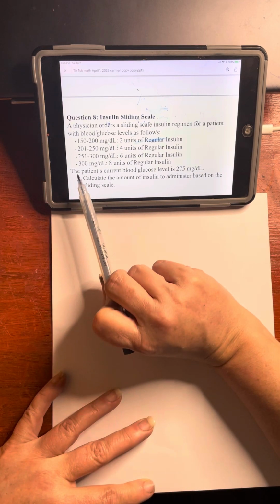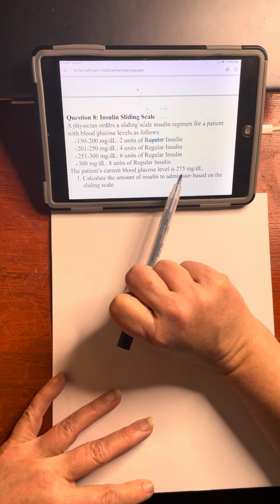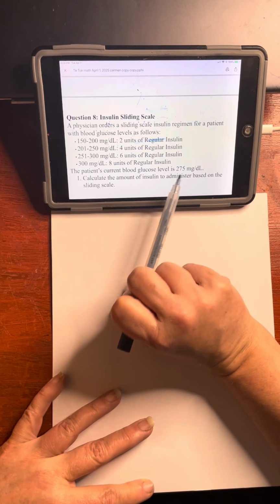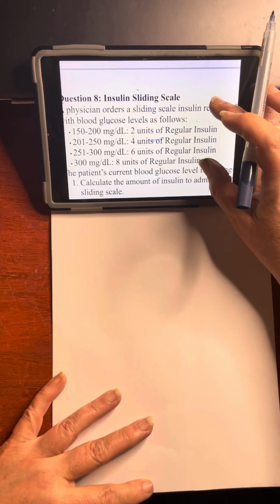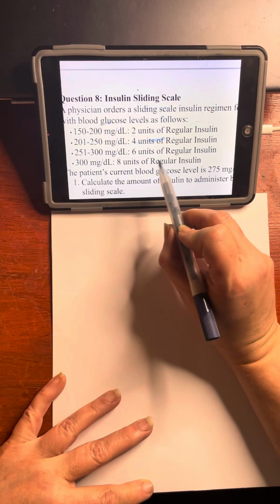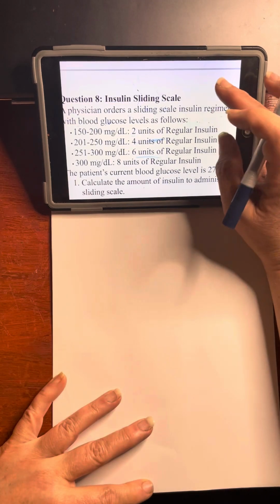Okay. So this patient's current blood glucose level is 275. Calculate the insulin that you got to administer. 275 is going to fall between 251 and 300. And so he's going to have 6 units of regular insulin. That would be your answer.